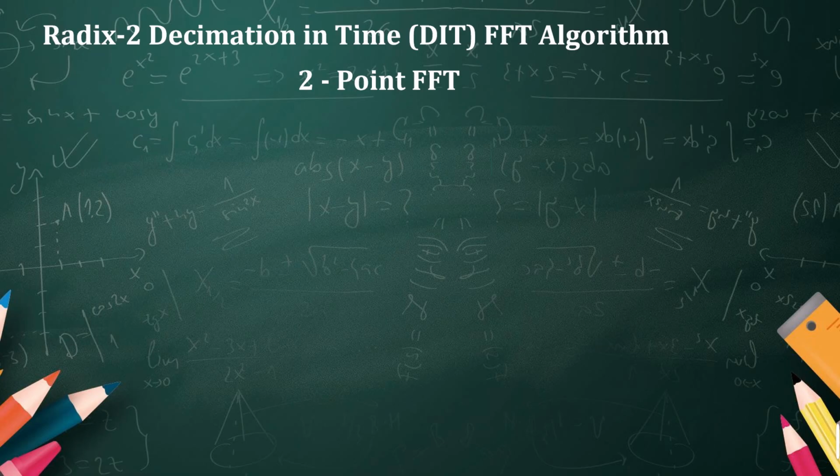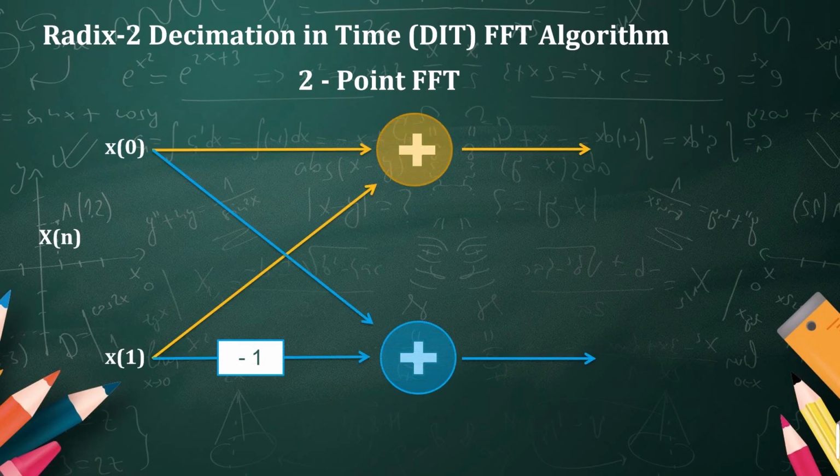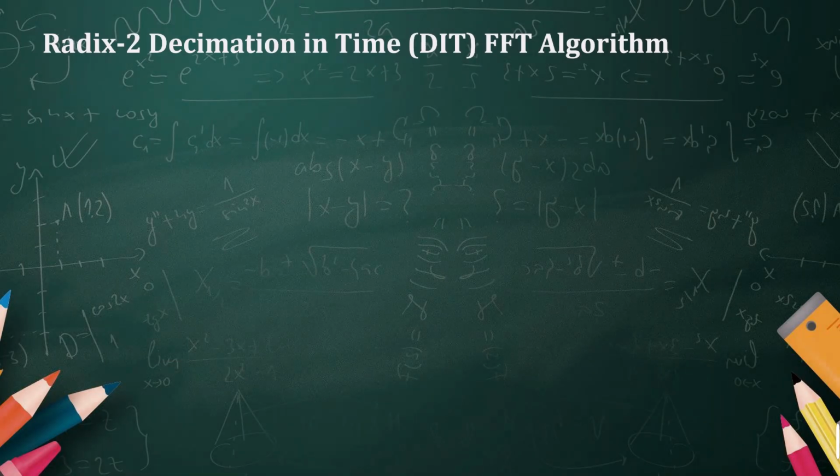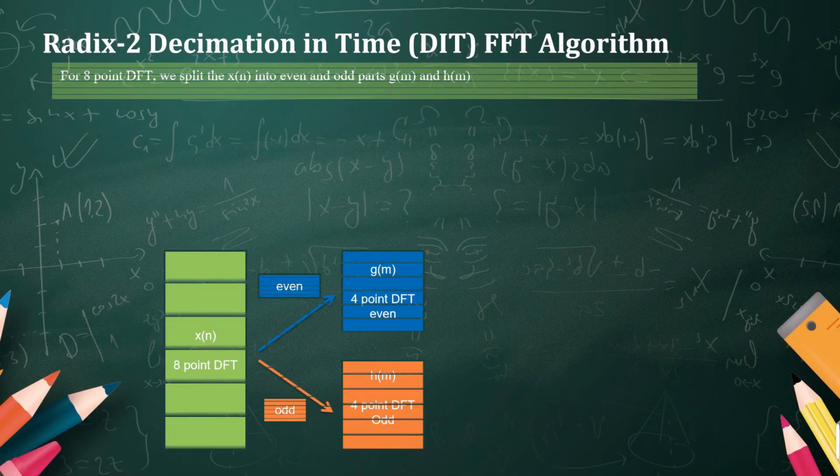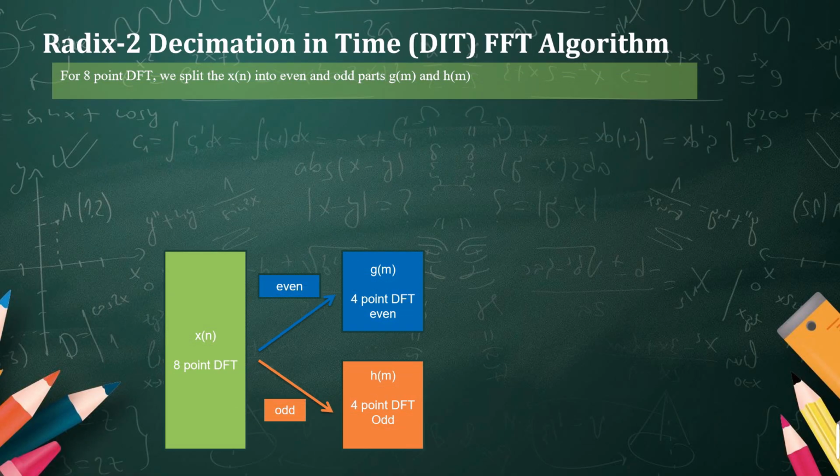If we find the 2-point DFT, then we get a diagram like this. From this we can notice that we can easily calculate the 2-point DFT, as the frequency domain sequence's first term is the summation of the 2 time domain samples and the second is the subtraction of the 2 time domain samples. For 8-point DFT, we split x(n) into even and odd parts, G(m) and H(m).